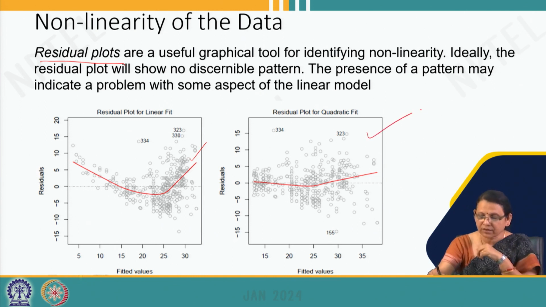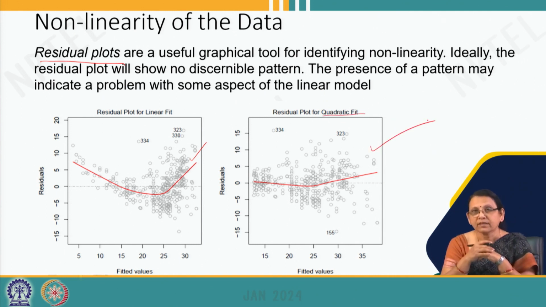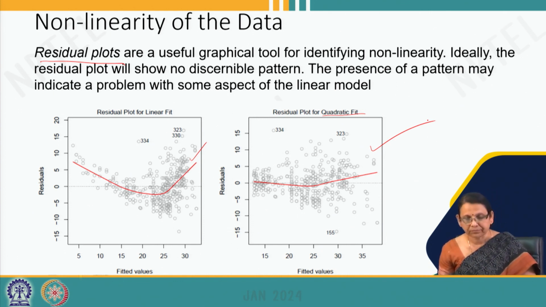For example, in this second one, this y is transformed. Sorry, in this you have actually tried a quadratic fit. If you try a quadratic fit, then these errors become more or less pattern free and random. When you try fitting the data, it is almost a line.